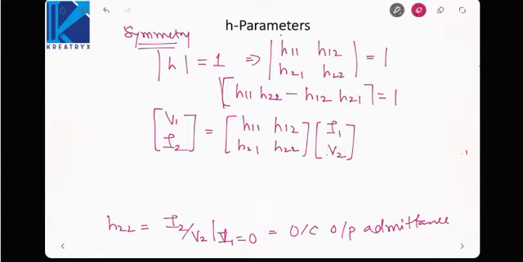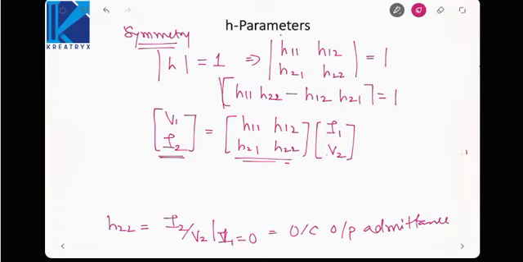So that if you change the parameters to I1 V2 in terms of V1 I2, the inverse will not have any effect, because inverse is nothing but adjoint divided by the determinant. If determinant is 1, the magnitudes of the parameters will remain same.